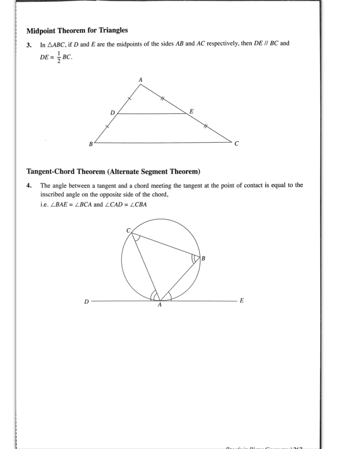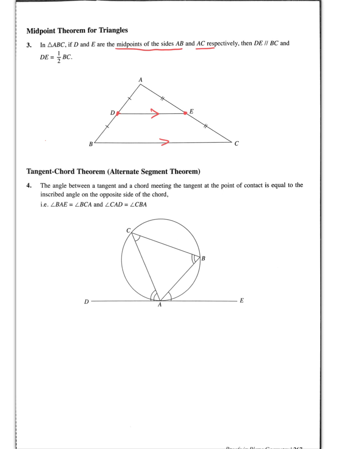Okay, all right. So midpoint theorem for triangle. In triangle ABC, if D and E are stated as midpoints of the sides AB and AC respectively, then DE will be parallel to BC and DE will be half the length of BC. So this is essentially the midpoint theorem.